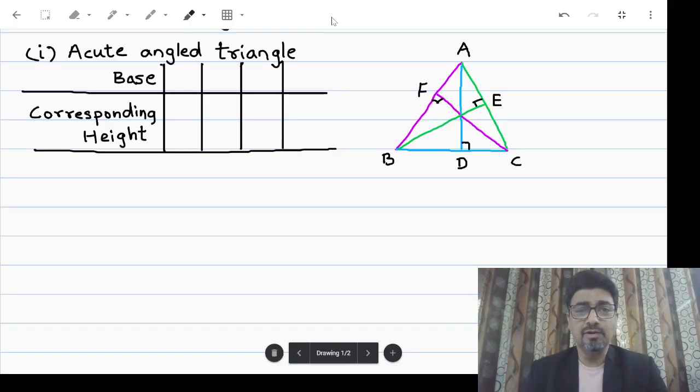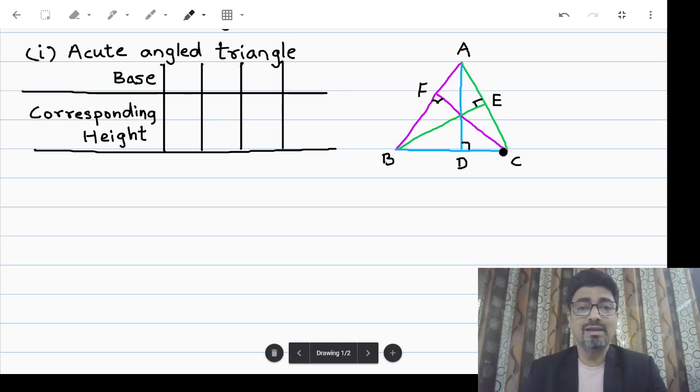In the acute angle triangle ABC, we have three sides AB, BC and AC with their corresponding heights. Here students, I have marked each side with a different color and their corresponding height is also marked in that same color. So let us start with the base that we see, the horizontal side BC.